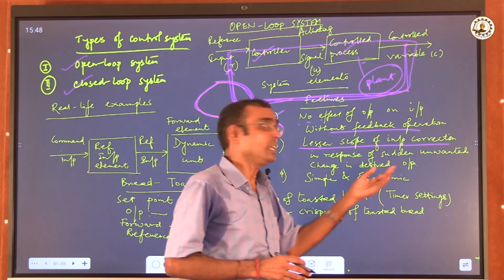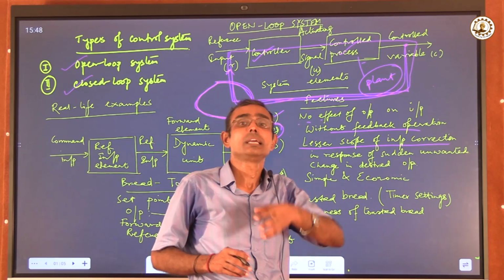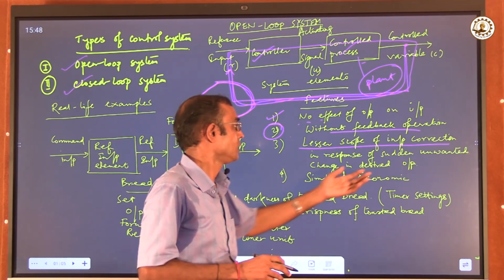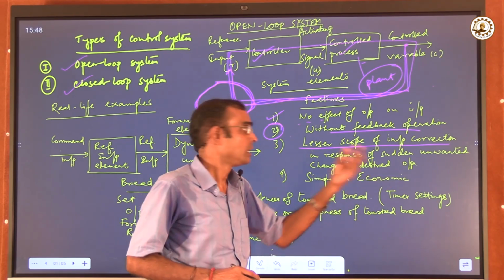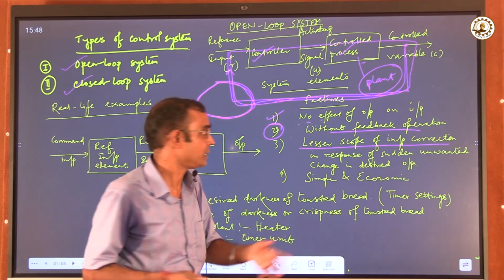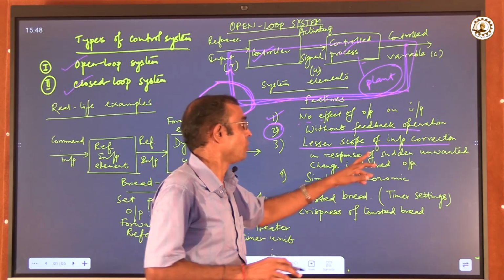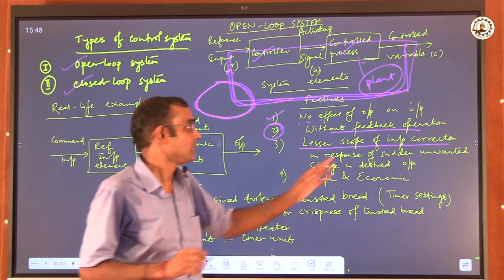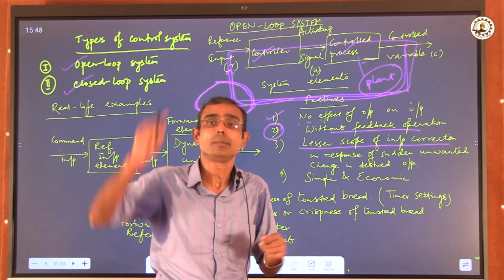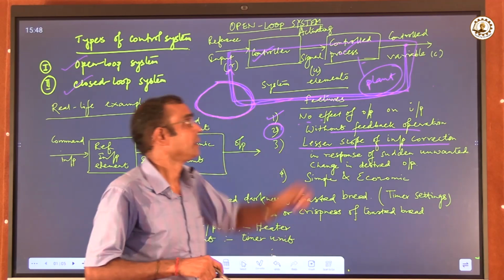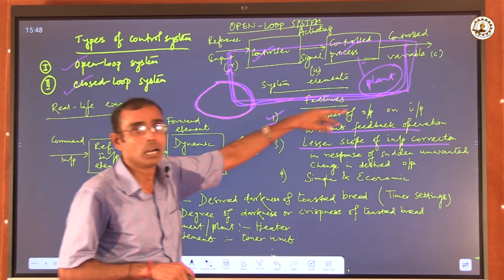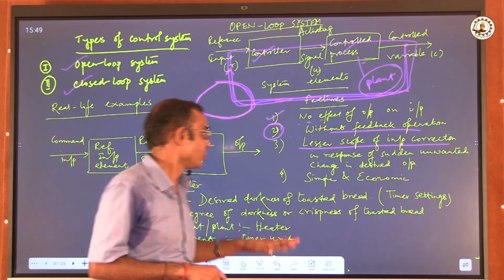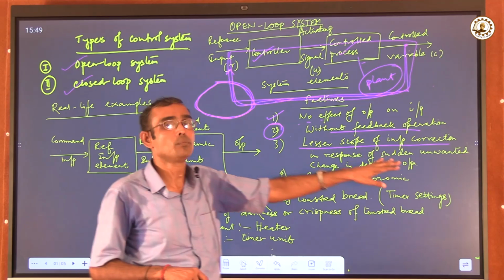That means, if for any external disturbance, any parameter variation, any unwanted input variation, there is a change in the desired output, and if it is sudden and unwanted, then there will be no scope of input correction. Why? Because there is no direct connection from the output to the input. That means there is no direct feedback. So therefore, there is lesser scope of input correction.